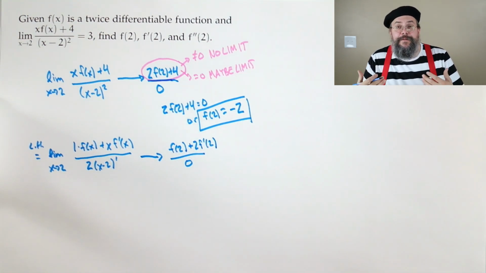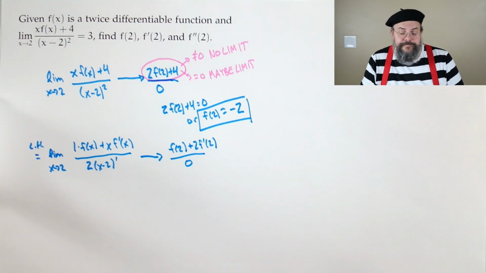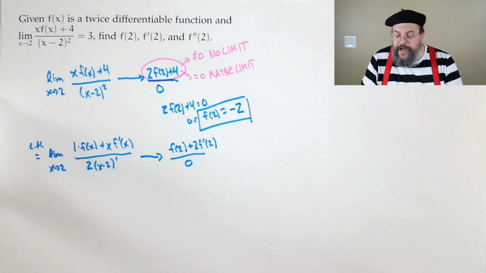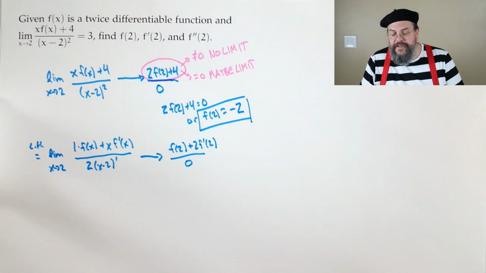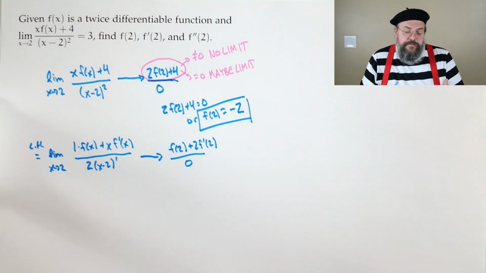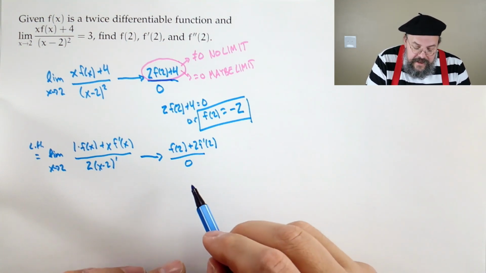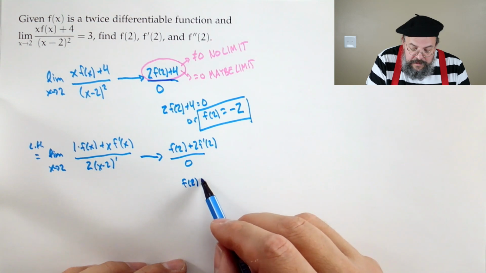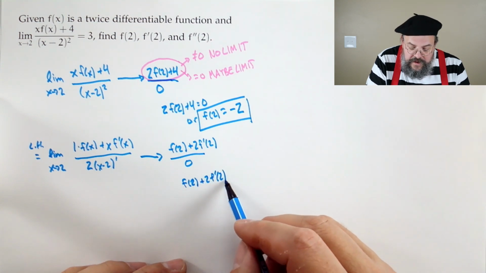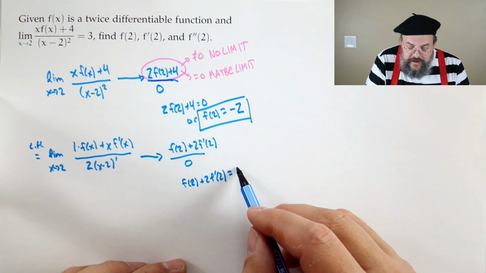But now we go through the same discussion. We know the limit exists, so the top had better be equal to 0. Otherwise, there could not be a limit. So we can come to the conclusion that f of 2 plus 2 f prime of 2 has to equal 0.